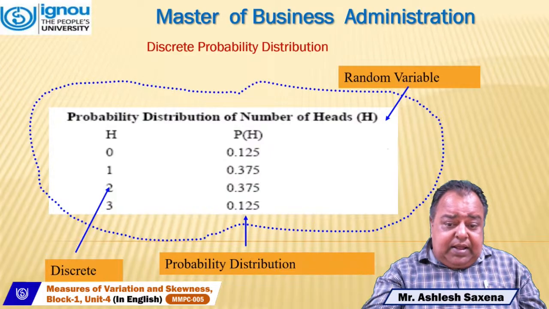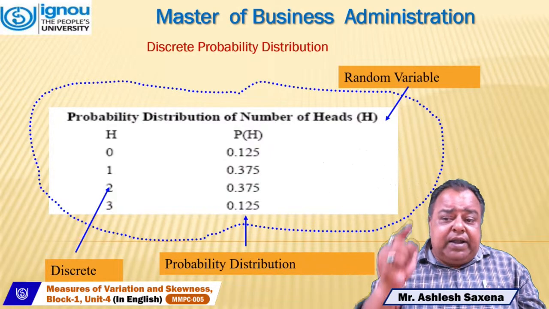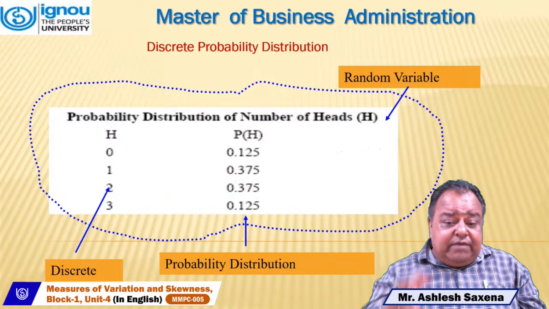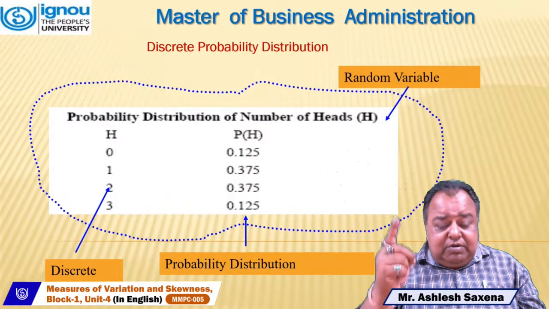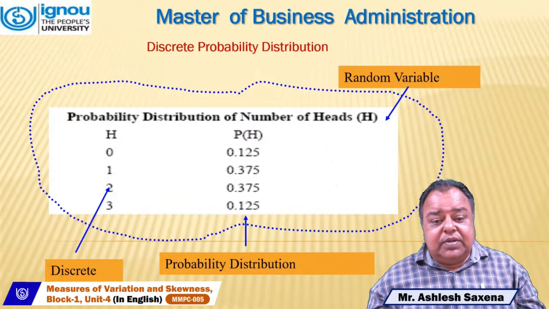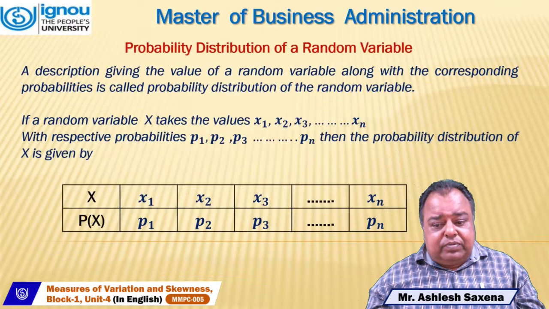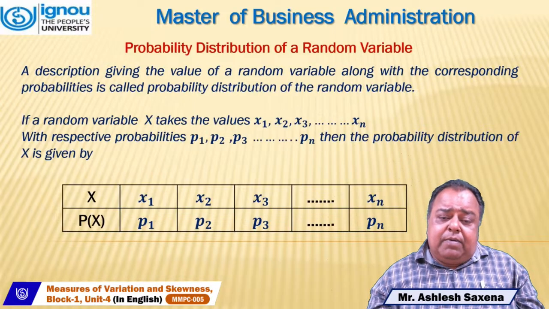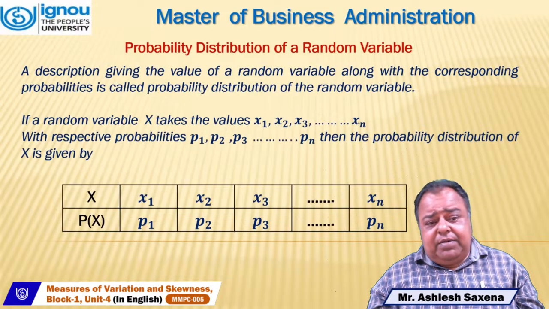When you find this, P(H) is the probability distribution. The random variable is the number of heads. When you add these probabilities, you get the probability distribution of a random variable.